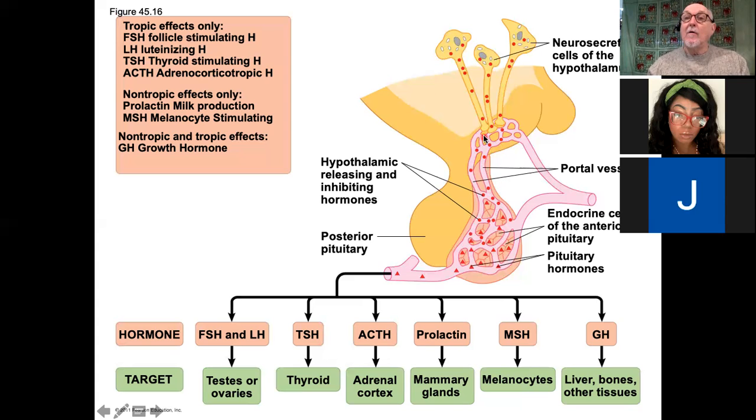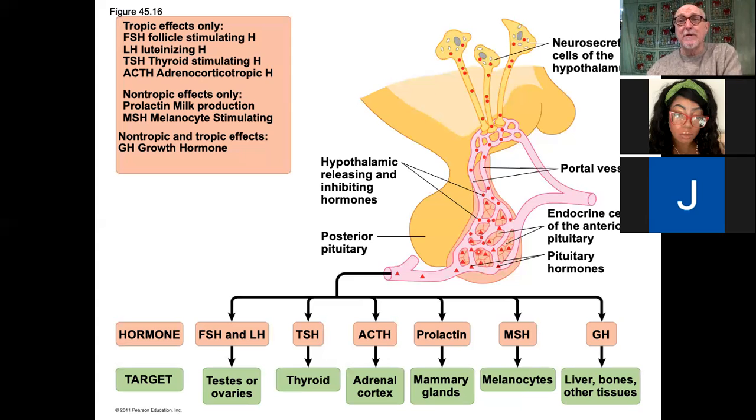So now the hypothalamus is going to release hormones, releasing hormones or inhibitory hormones, and it's going to send those through the bloodstream. But these are not being sent out to the body. They are being sent directly to the pituitary itself.